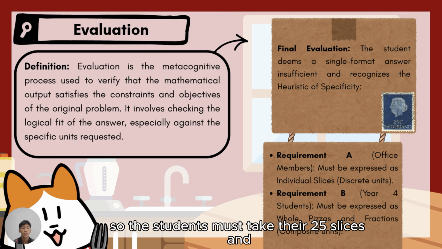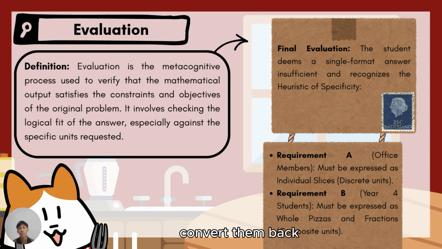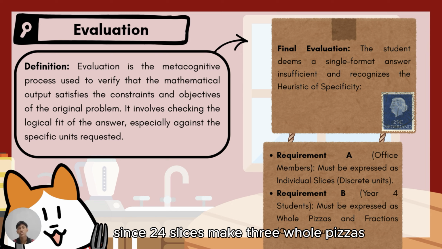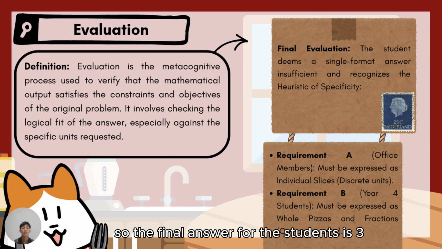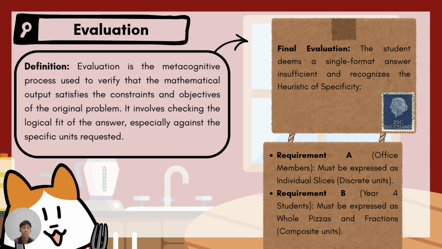So the students must take their 25 slices and convert them back. Since 24 slices make 3 whole pizzas, the final answer for the students is 3 1/8 pizzas.